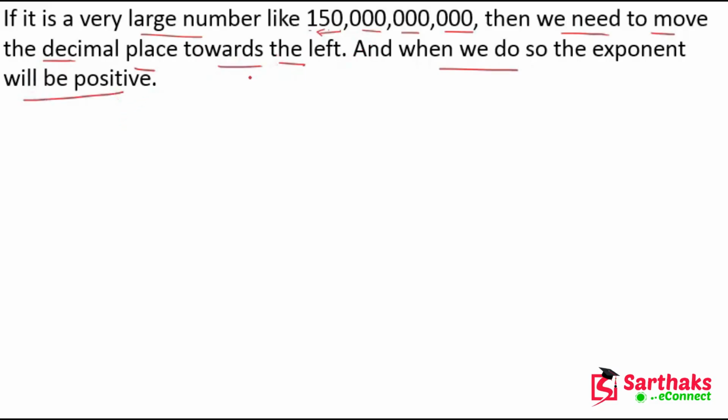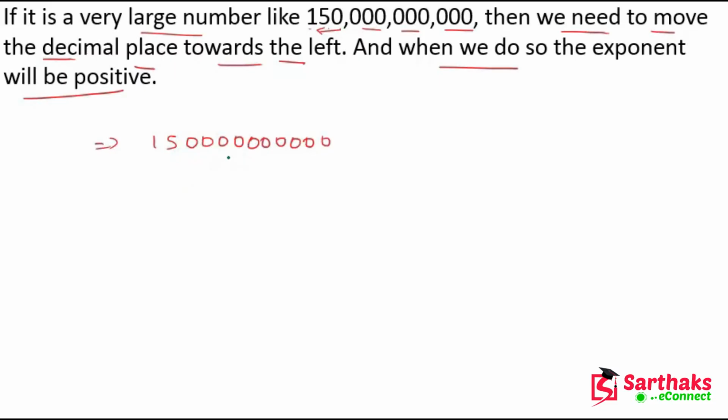Like here you can see 1 5 0 0 0 0 0 0 0 0 0 0. Now if we count the digits after the first digit of this number, after 1 how many digits are there? If you count, we get 1 2 3 4 5 6 7 8 9 10 11.